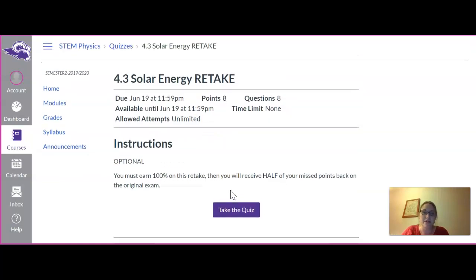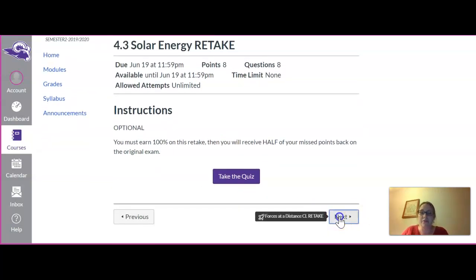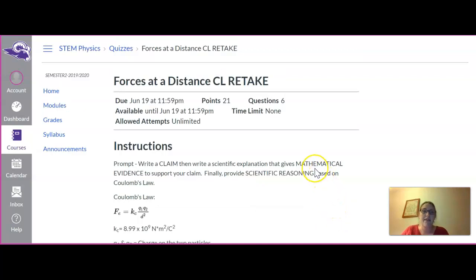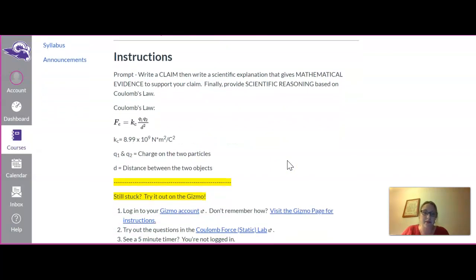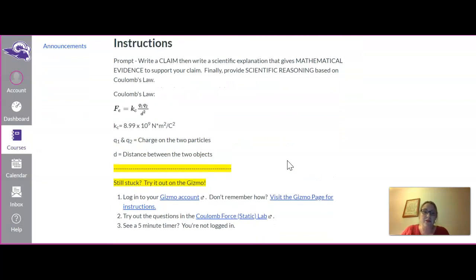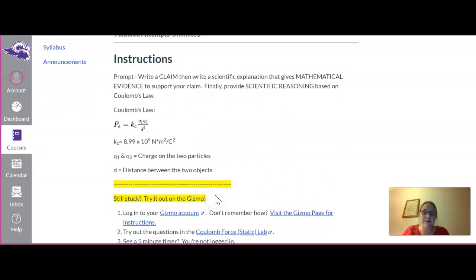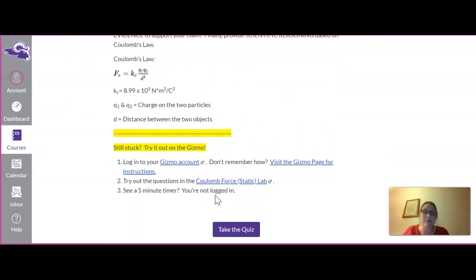There are 2 quizzes that are available right now: the solar energy retake, and then forces at a distance, Coulomb's law. I rewrote this one significantly to make it work as an auto scoring assessment. For this one, I also have another hint in here. This is Coulomb's law, so this is about charged particles.